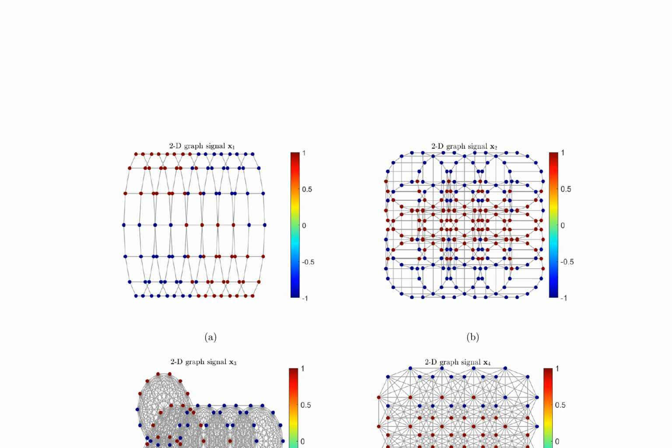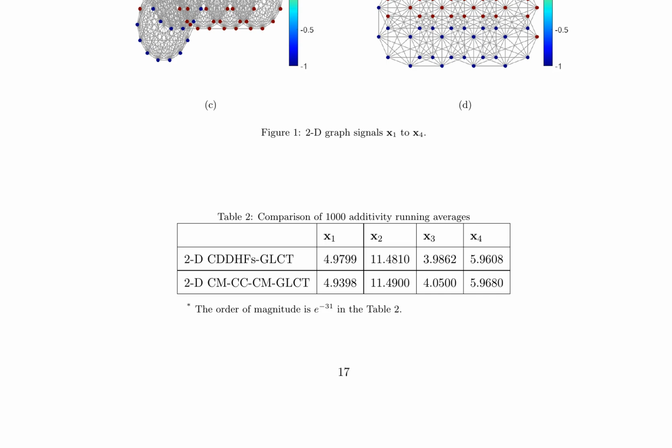In Figure 1, the authors showcase four different 2D graph signals, labeled as x1 to x4, each representing distinct spatial distributions. Table 2 compares the additivity running averages of these signals using both methods. The results indicate that while both methods exhibit low additivity errors, the 2D CM-CC-CM-GLCT method slightly outperforms the 2D CDDHFs-GLCT method across all signals.